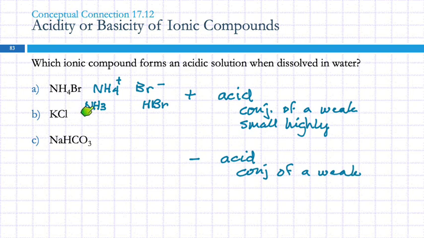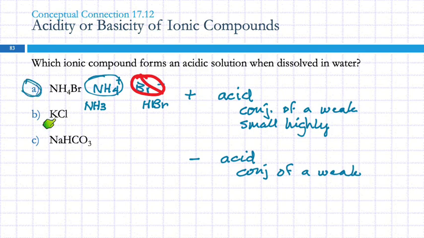Is this strong or weak? This is weak. So this can act as an acid. Is HBr strong or weak? It's strong, so this cannot. So here we have one where one of the ions can act as an acid. So, yay, it was the first one.